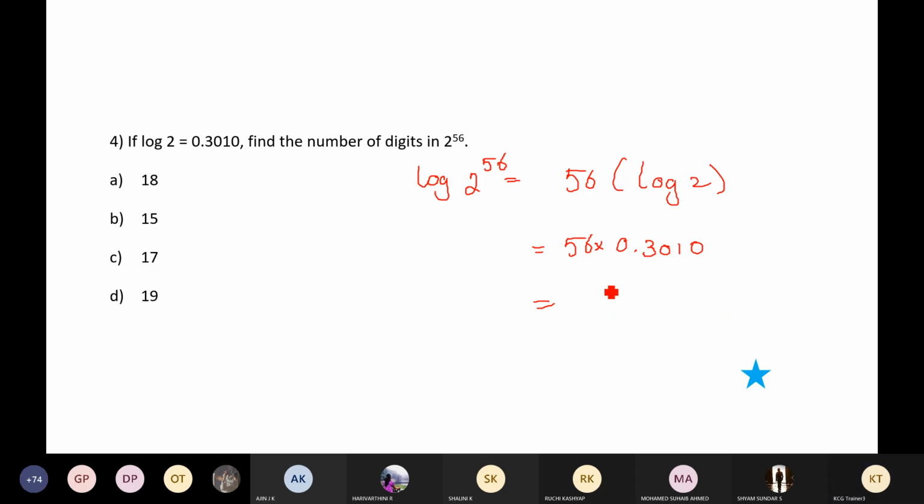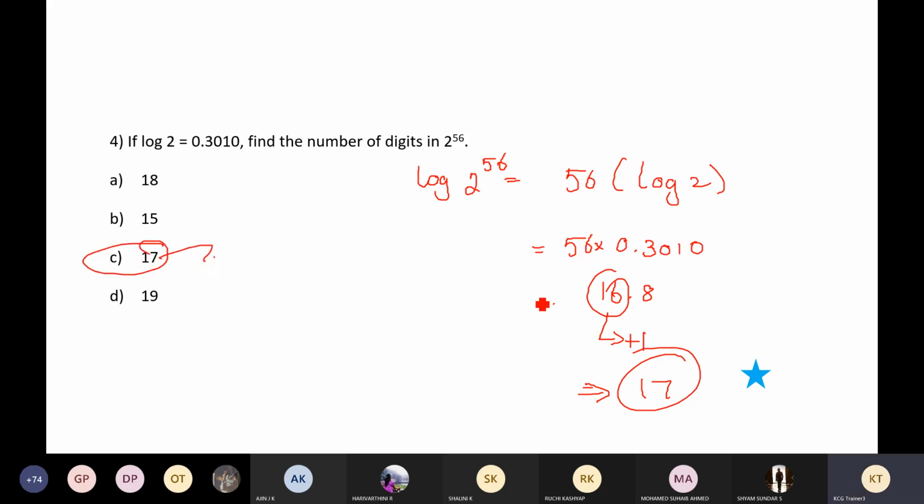Very good. Isn't that 16.8 something? So 16 plus 1, my answer is 17. Okay. Fine, guys. Super. Then we'll move on to the next question now.